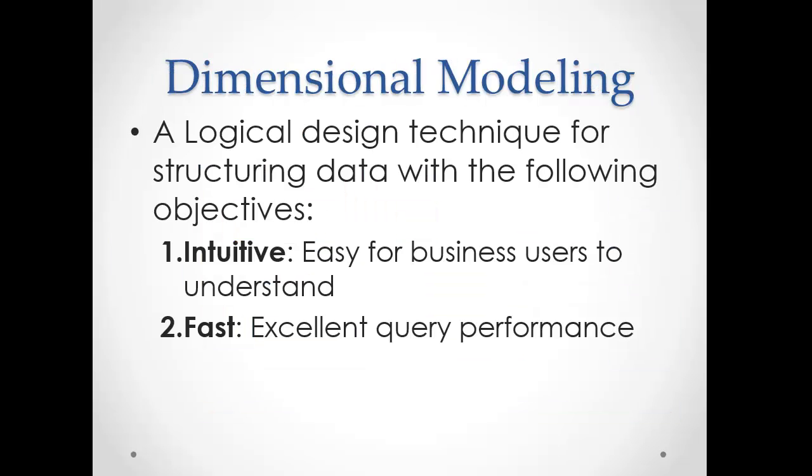One thing I want to do is define dimensional modeling. A dimensional model is a logical design technique that we use to structure our data with the following purposes. One, we want it to be intuitive, that is, easy for our business users to understand. And two, we want it to be fast, with excellent query performance. If you've ever queried a transactional database, you know that you can build a lot of joins into your tables before you actually get to the result you want.